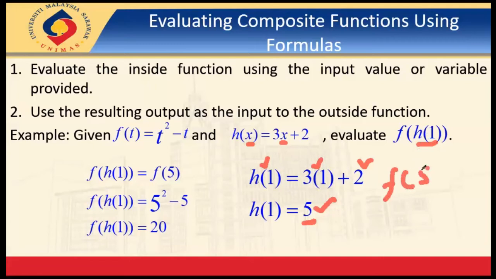The x will now be replaced by 5, and we know f of t is t square minus t, so each t is replaced by 5. So t square means 5 square, minus t which is 5. 5 square is 25, and minus 5 equals 20.